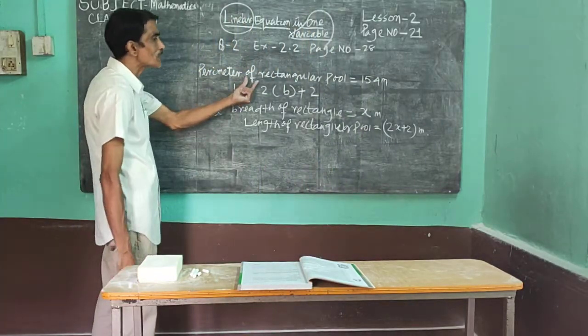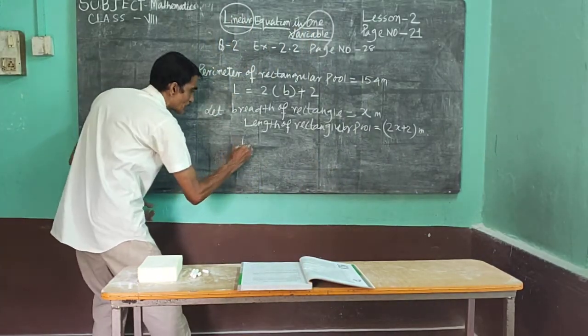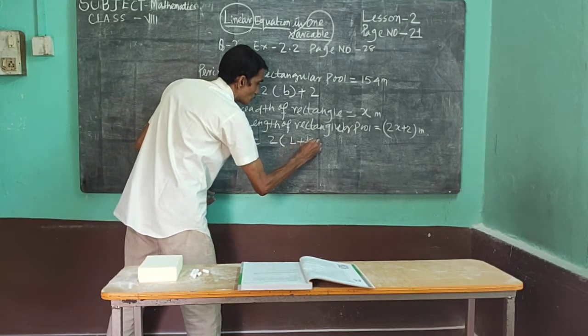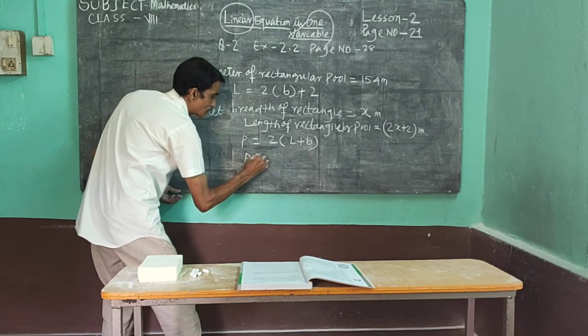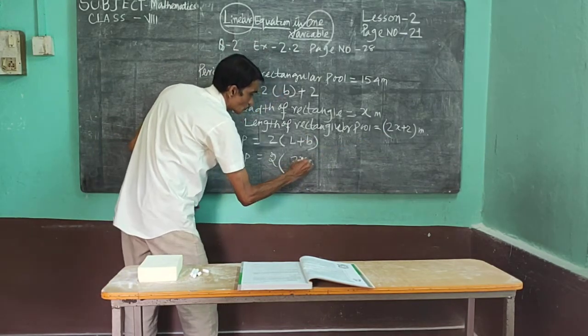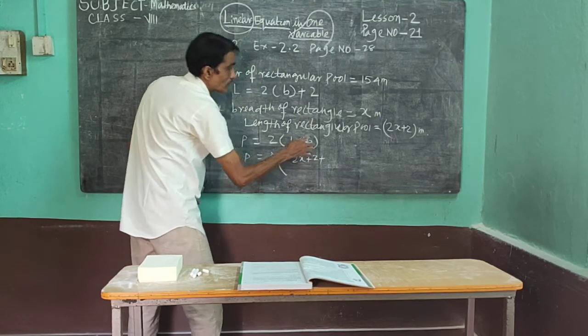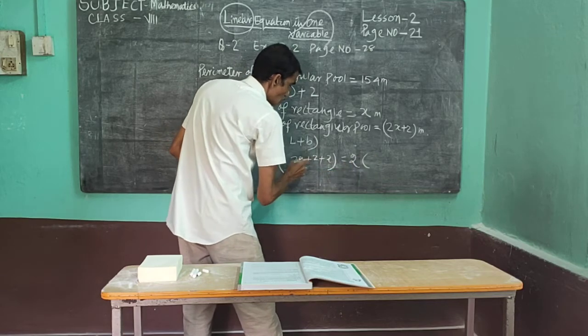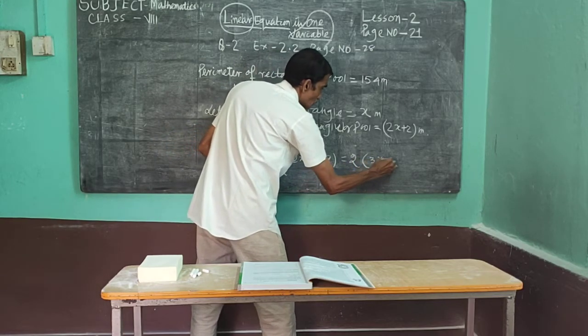Now, the perimeter is given, so let us find our perimeter. And perimeter we know is 2 multiplied by length plus breadth. So our perimeter is 2 multiplied by the length 2x plus 2 plus breadth x. 2x plus x is 3x, plus 2.